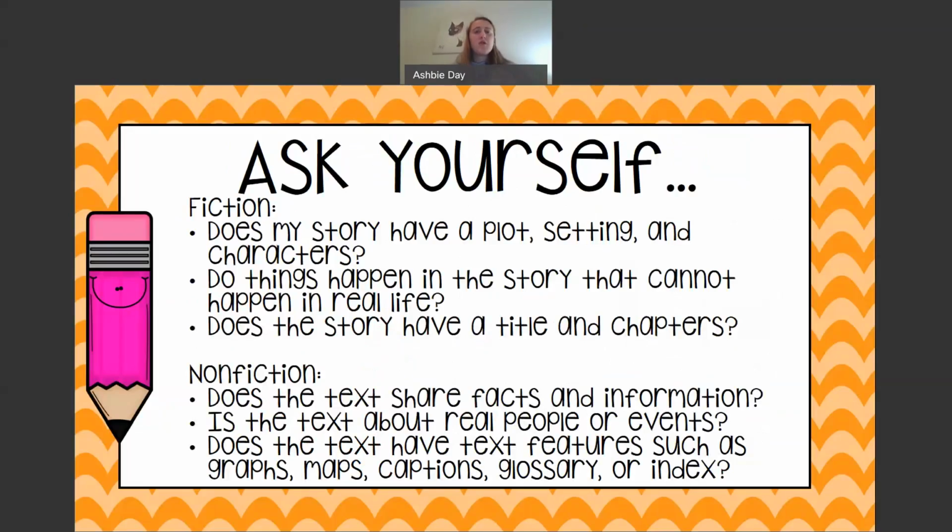So now, if you're wanting to figure out the difference between fiction and nonfiction, here are some questions that you can ask yourself. If you're trying to figure out if a story is fiction, think about, does your story have a plot, events that are in the story, exposition, rising action, climax, falling action, and conclusion?